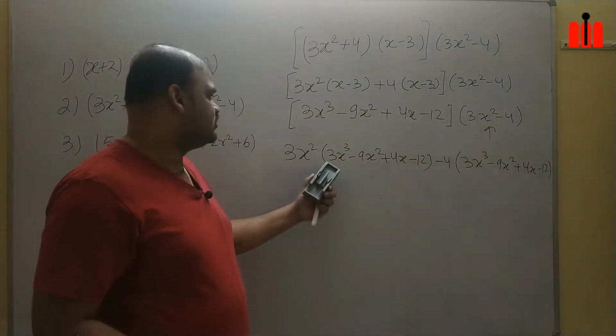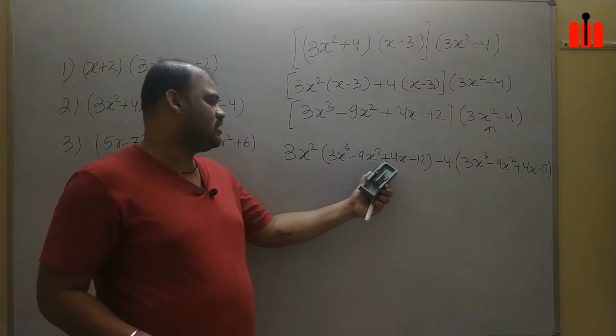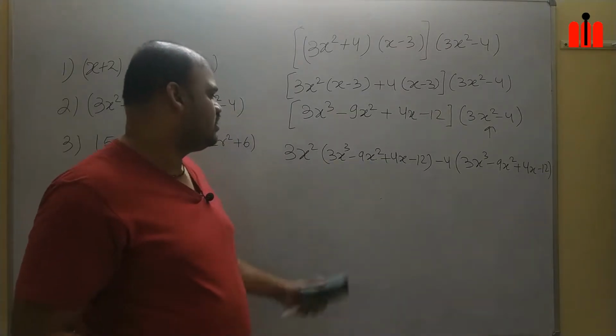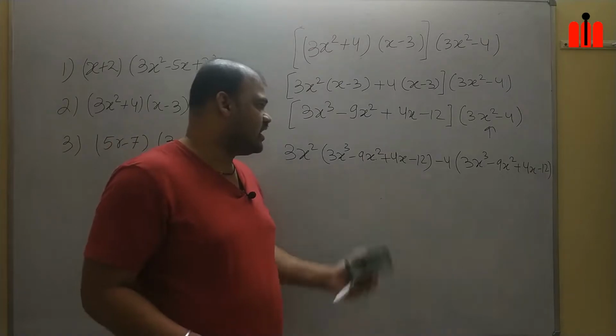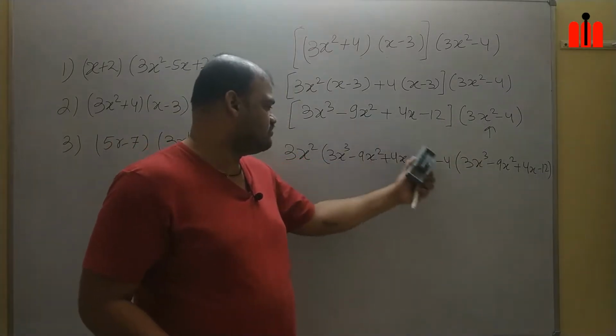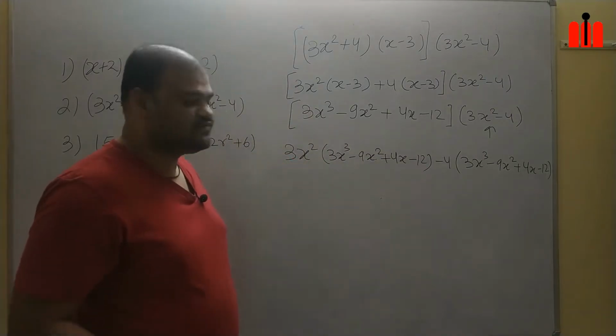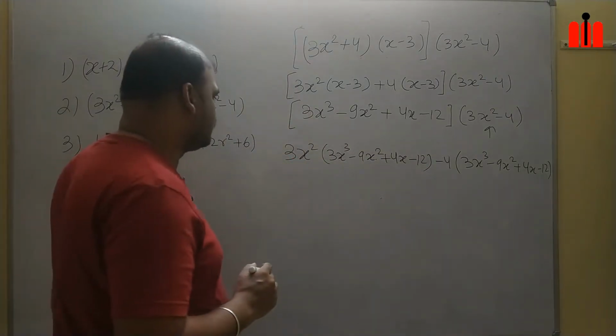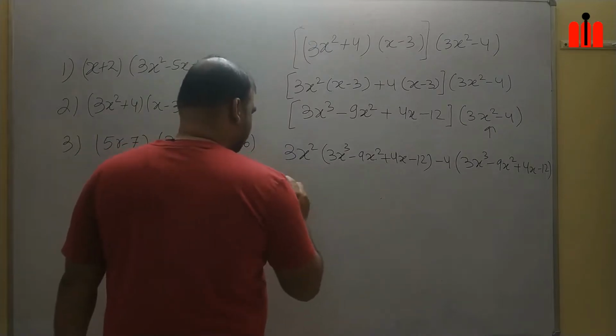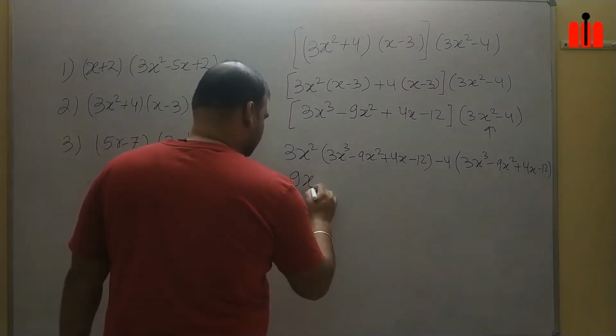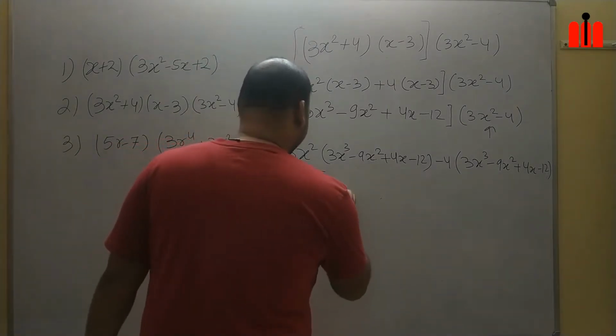Okay, so 3x³ − 9x² + 4x − 12 multiplied with 3x². After that minus 4 is multiplied with the entire term, which is 3x³ − 9x² + 4x − 12.